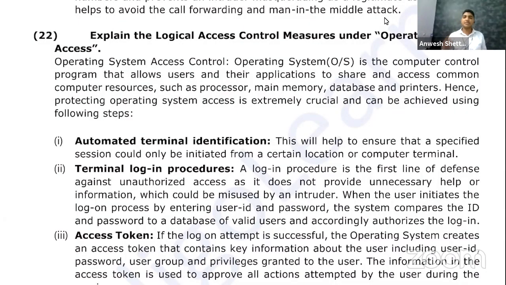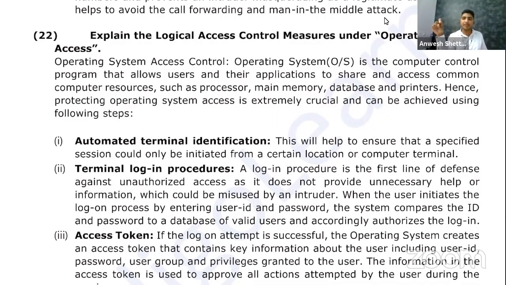Now, what is operating system access? Whenever you are turning on your laptop or Windows computer, first the Windows screen will appear. There they will ask you to choose the user. Who are you? Whether you are admin, guest, or user. Let us say you clicked yourself and you said you are an admin. Once you say you are an admin, they will say enter the password.